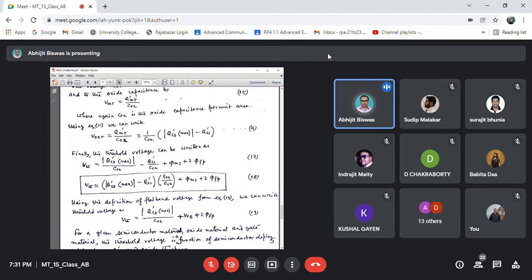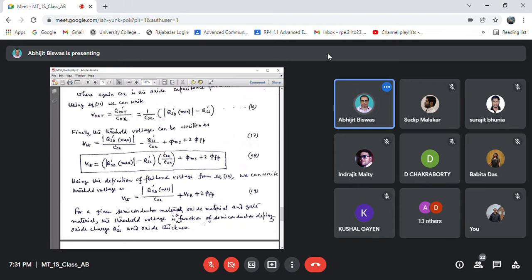So you need not remember all these equations from this 16 to 18 or 19. You remember this equation number 19, and it will serve your purpose.